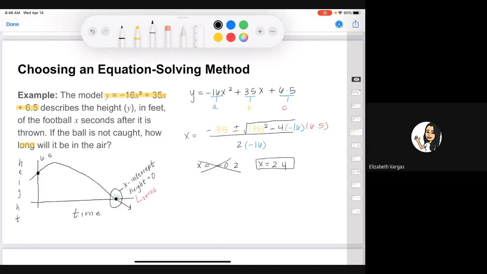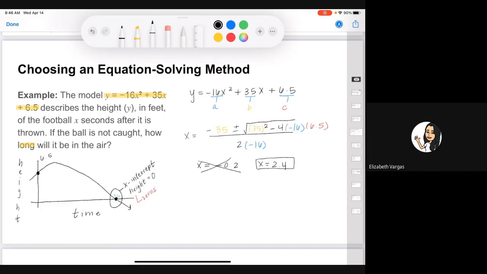So that's the time whenever the height is 0. Once again, this is because it does not make sense to have a negative time, as the ball cannot hit the ground before it's even thrown. And so our x-intercept is 2.4. That's how long the ball is in the air before it hits the ground.